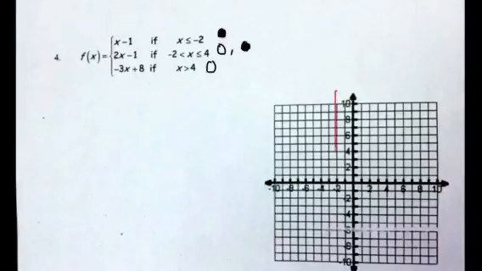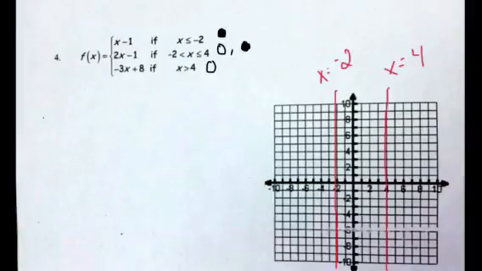I'm not able to use a ruler on this. And then I need one at x equals 4. So here's x equals negative 2, and this one is x equals 4. Those are my two lines.